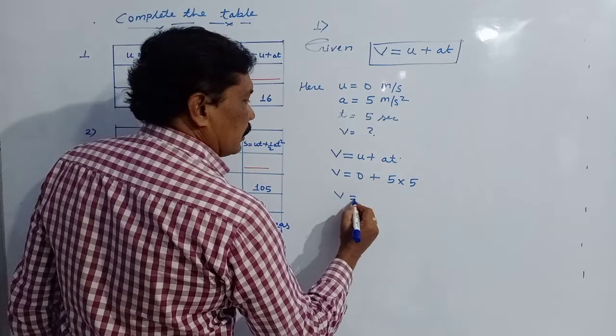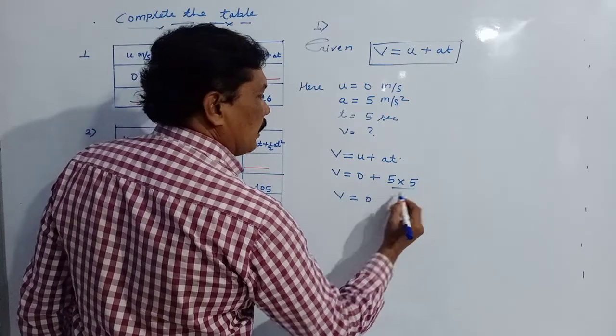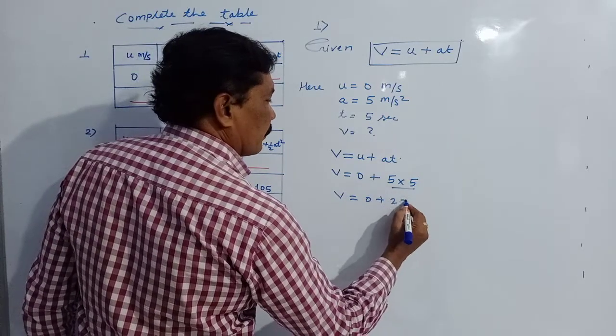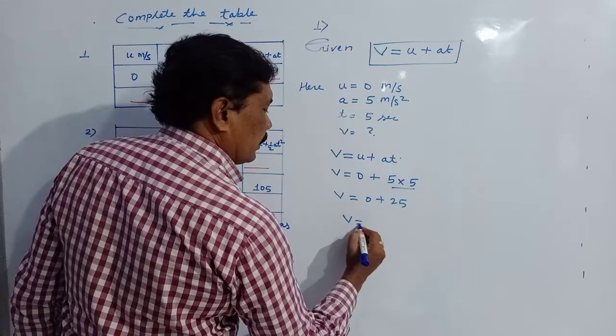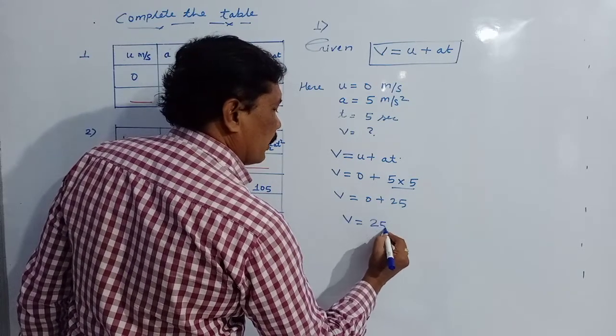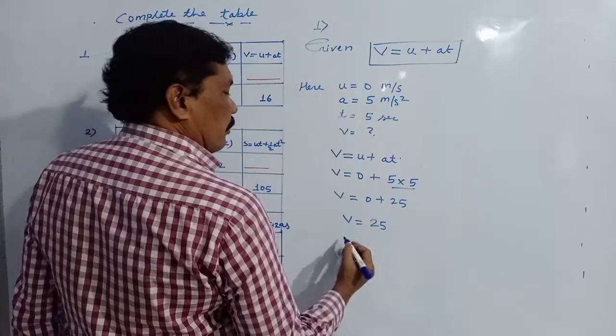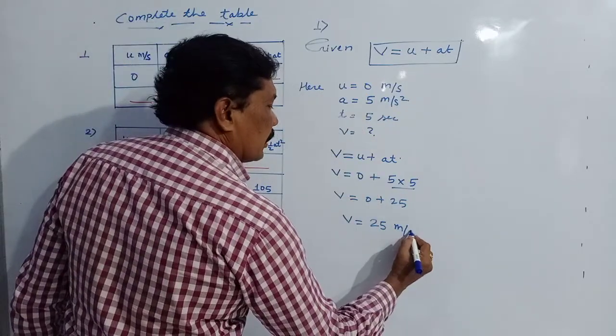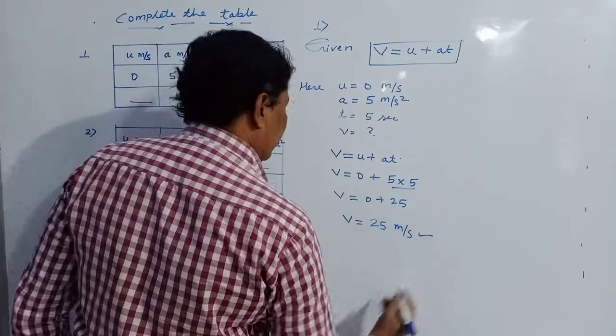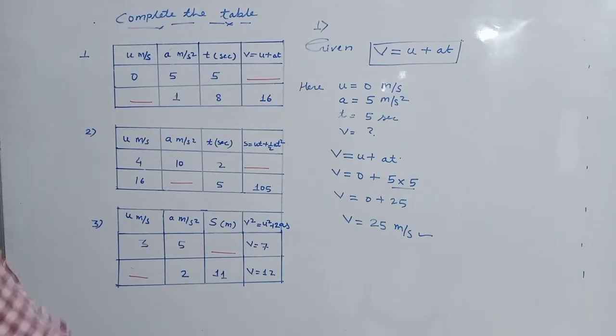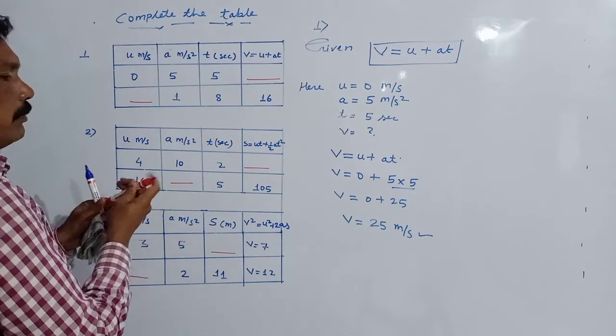So V is equal to 0 plus 5 fives are 25. V is equal to 25 and the unit of velocity is meter per second. So we'll fill up the column.